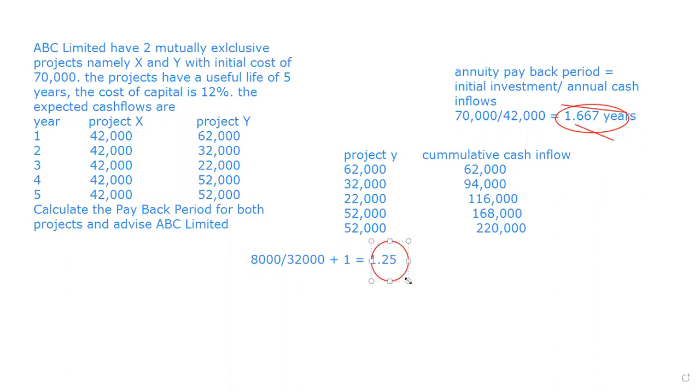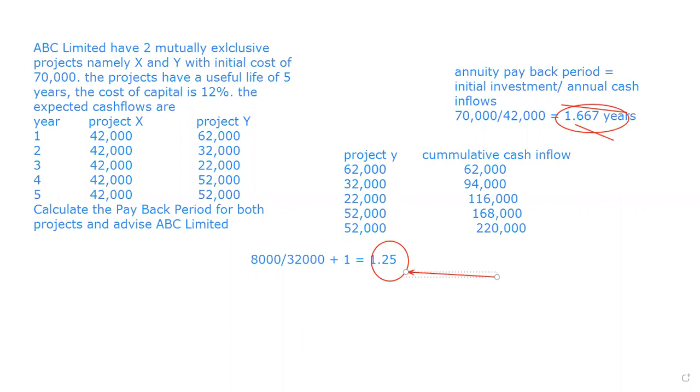So between the two, obviously we take the one which is less, which is 1.25. We advise them to take project Y because it takes them fewer years to get back their investment.